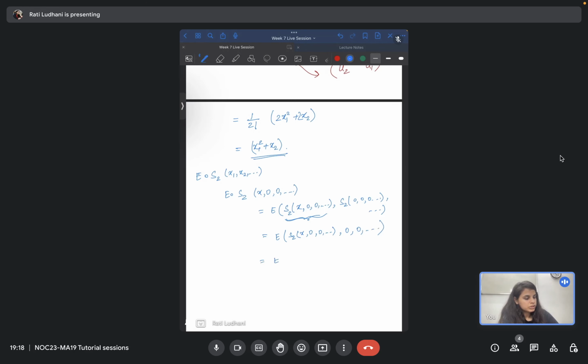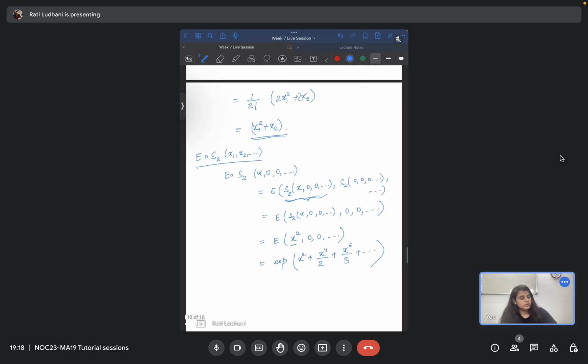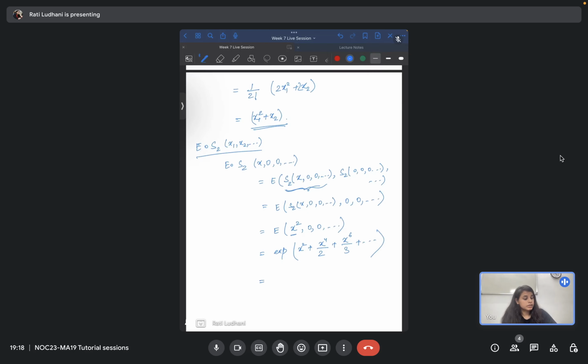So what will you do? So E of x1 square plus, or better you can just write x square, because this is just the exponential function. You can try to calculate this also, but it looks too big, but yeah, you can do that. So from the formula you know what you will do, you have x square, so that will be x square plus x raised to power 4 by 2 plus x raised to power 6 by 3, right? And what is exponential?